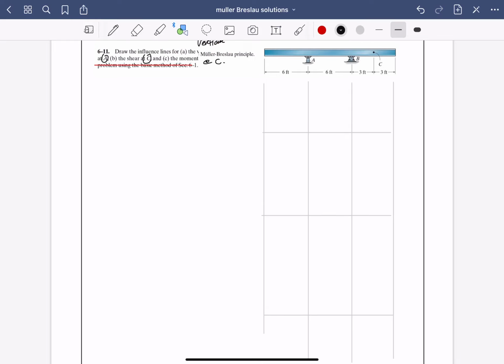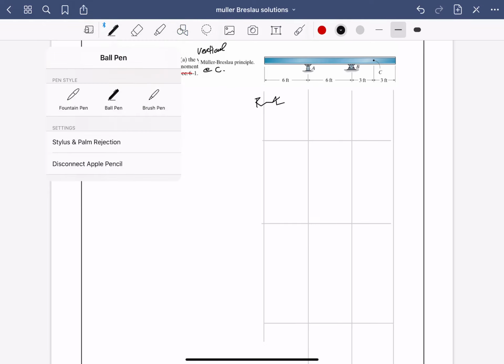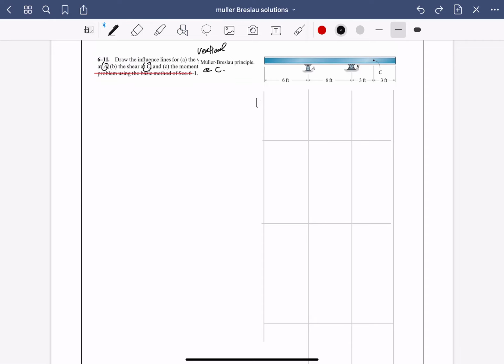Okay, and we said that reaction. Reaction at A, shear at C, moment C. A, C, C. Okay.